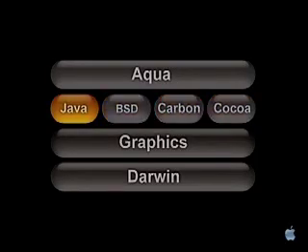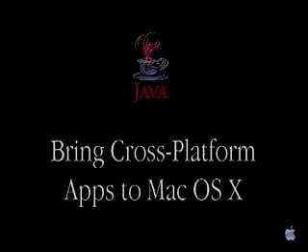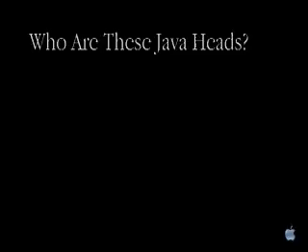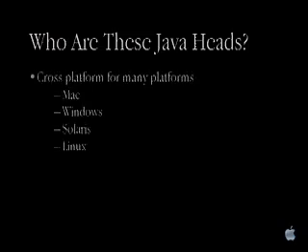All right, so let's talk about Java. Java is there to bring cross-platform applications to Mac OS X. All right, Java, by its very nature, is a cross-platform API set, and we have a great implementation on 10, and the purpose is to bring those cross-platform applications to Mac OS X. So if you go out and do some market research and try to figure out who are the people who have decided that Java fills the need for their application, the answer is, number 1, people who want cross-platform to many different platforms, right?